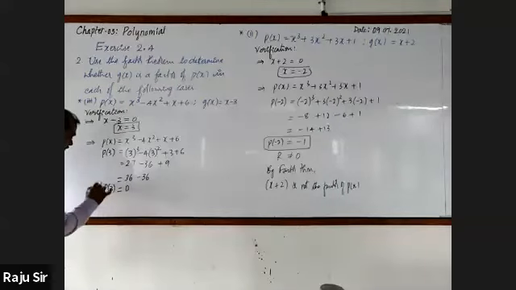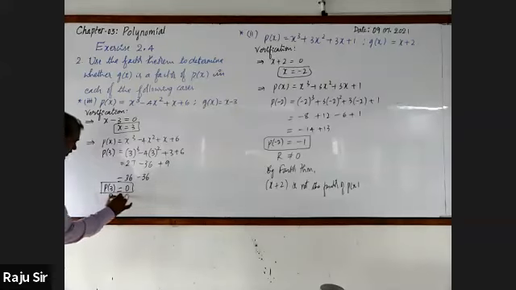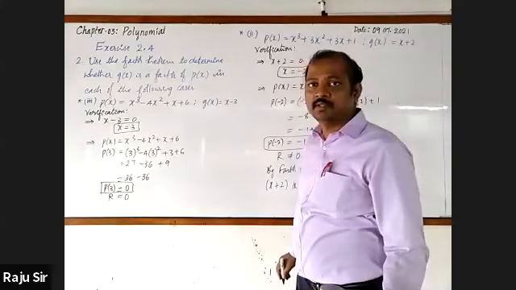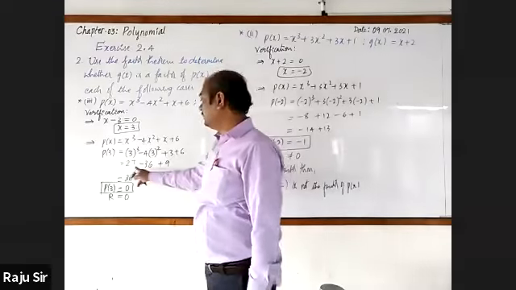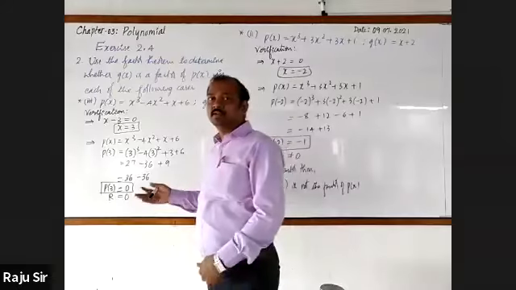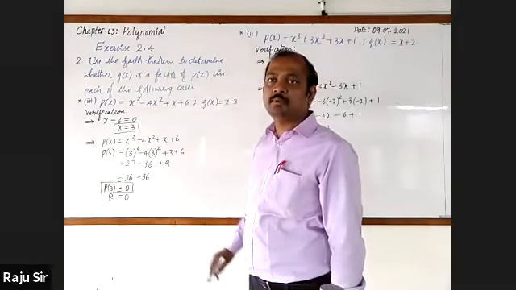P of 3 equal to 0, which means remainder is equal to 0. Minus 36 plus 27 is minus 9, then plus 9, so it is the same. Remainder will be 0.